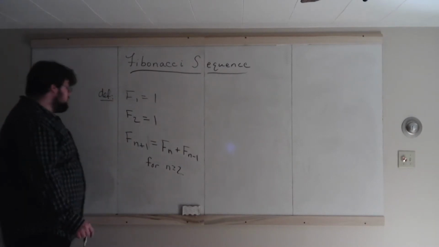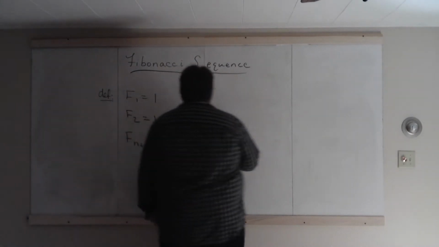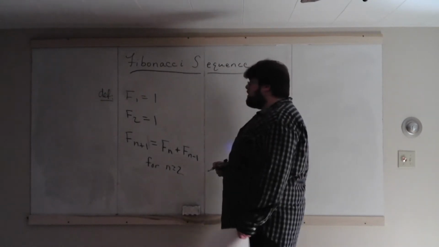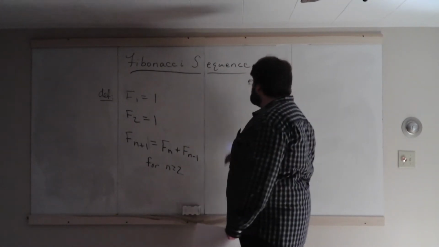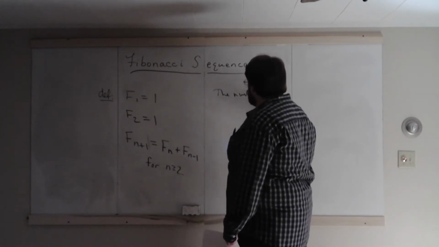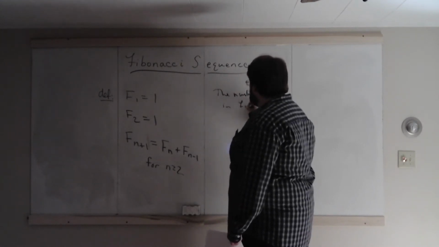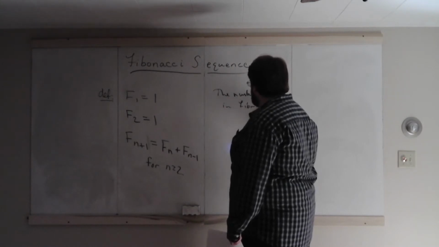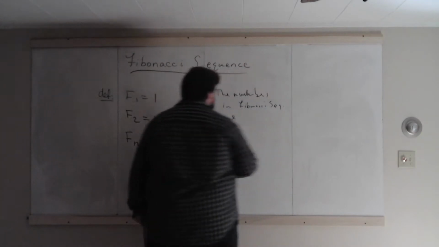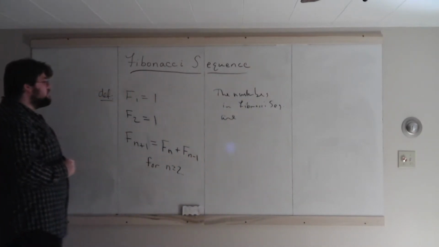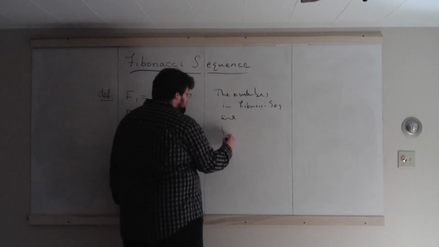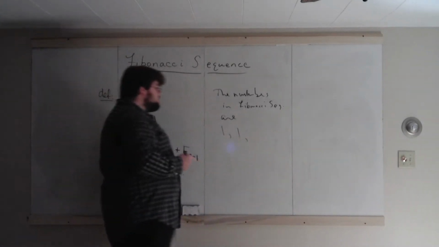So now, let's find a bunch of numbers in the Fibonacci sequence, and I'm going to write them just as a string of numbers. The numbers in the Fibonacci sequence, SEQ, abbreviated, are, well, we're given 1, 1 as the first two.